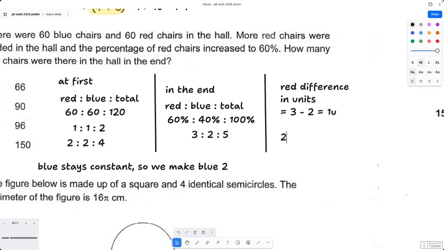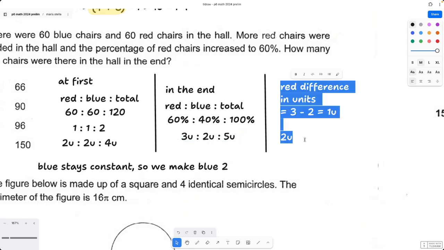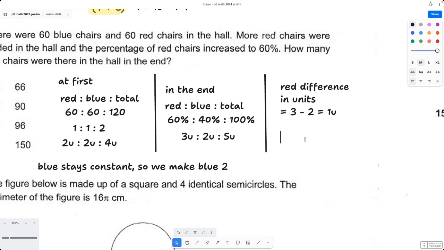So we know that 2 units over here, 2 units, 2 units, 4 units, and then this is also 3 units, 2 units, and 5 units as well. That's what I see over here. So 2 units is equal to 60 chess.